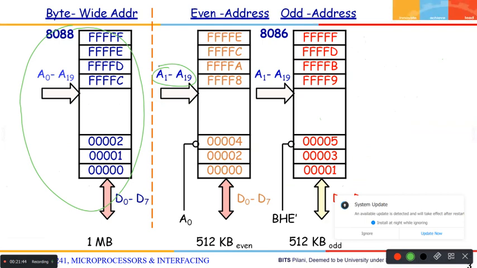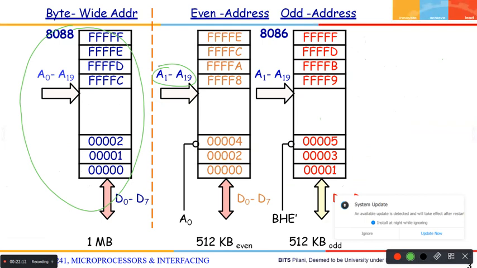At that time, the microprocessor will access the data from the odd memory bank. Have you understood this? So in the 8086 microprocessor, you divide the entire memory into odd and even memory banks. This is what is required whenever you design a memory system.